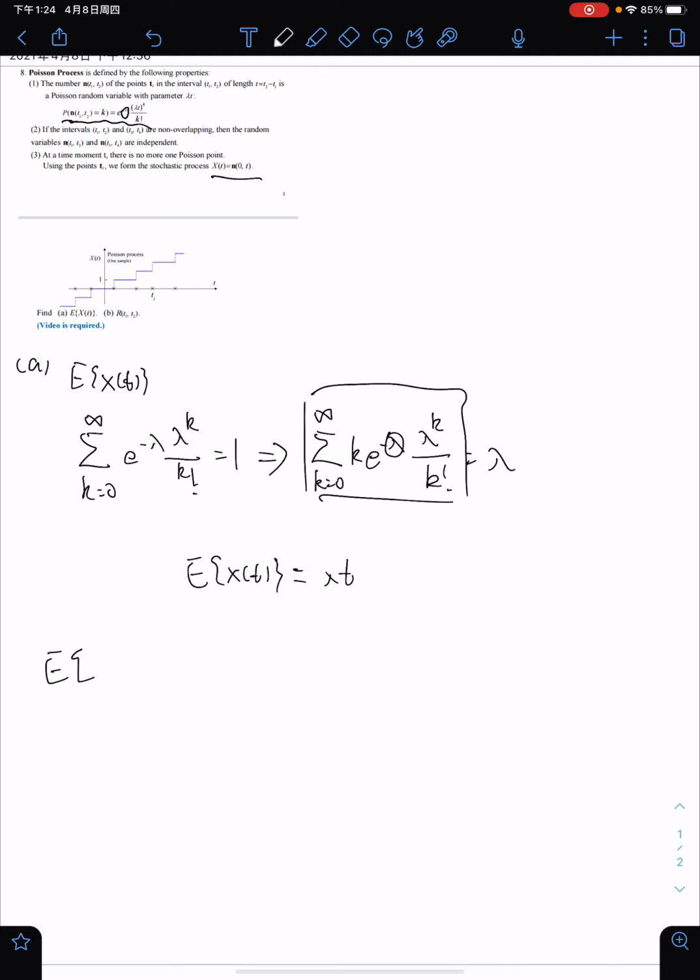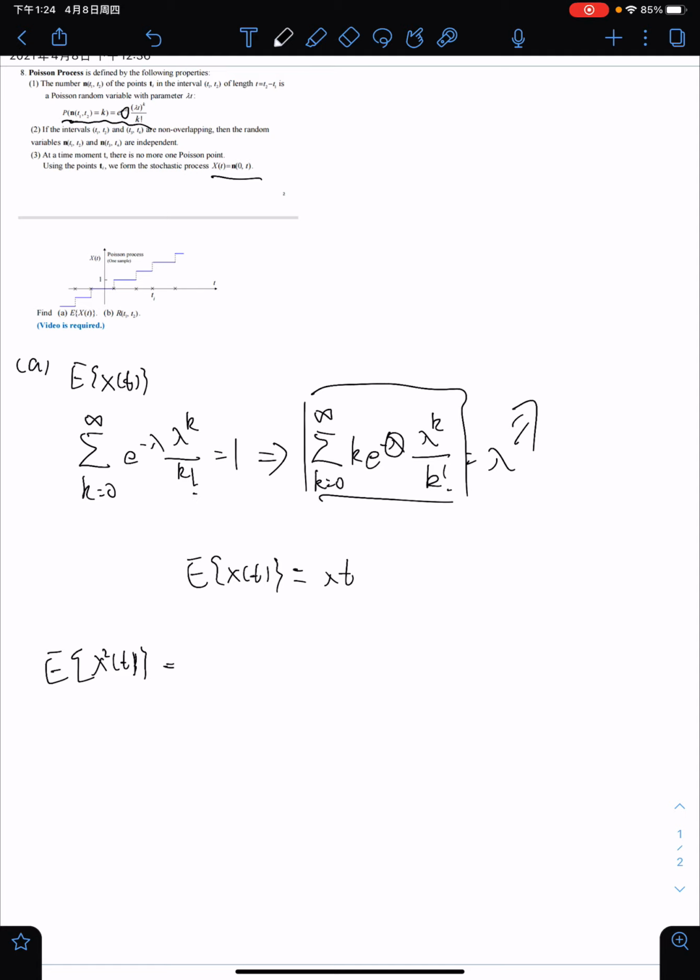The expected value of X squared(t), we can find it using the method we used before.